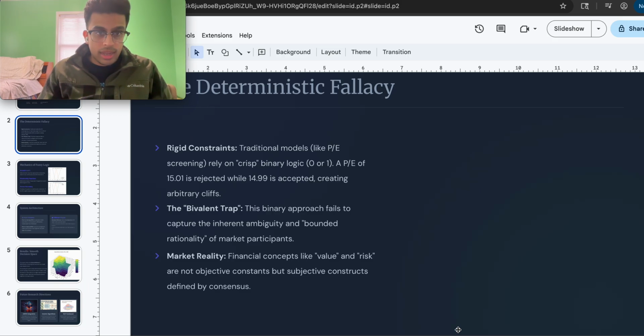If I have a PE ratio that's 15.01, I know that my price is a bit higher than what my earnings are. And if I have a binary detector set at 15.00, I would not hit this threshold and I would not buy this stock.